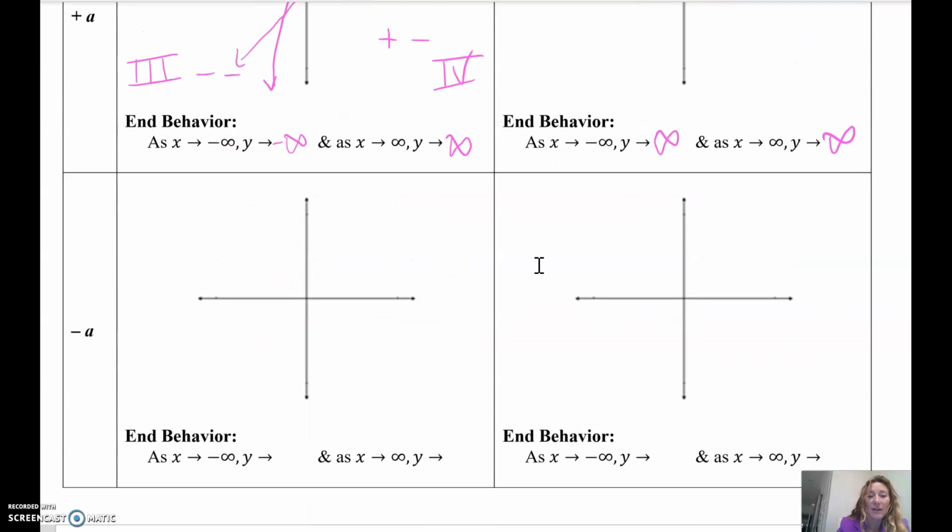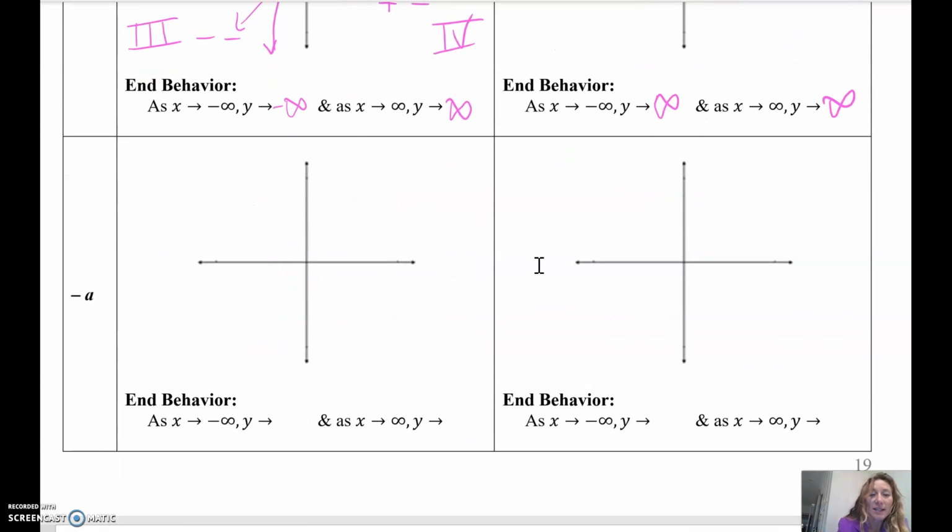What about if we have a negative a? Well, that's like a slope of -1 on a line, or the cubic function looks like this. So this is going to be negative x, positive y, positive x, and negative y. And so as x goes towards negative infinity, we've got y going towards positive infinity. And as x goes towards positive infinity, y goes towards negative infinity.